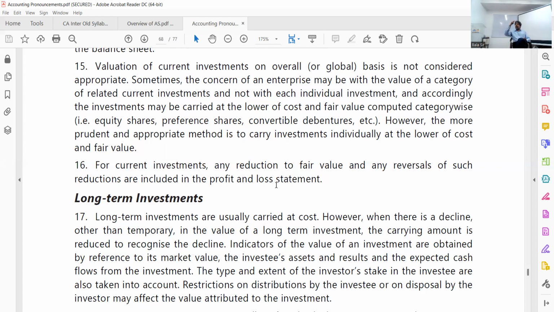But it is other than temporary. They don't use the word permanent. There is a reason for it. Suppose you buy shares. Let us say I bought shares in the company at rupees 100. Then after I bought the shares, the company had some difficult year due to the COVID-19 pandemic.